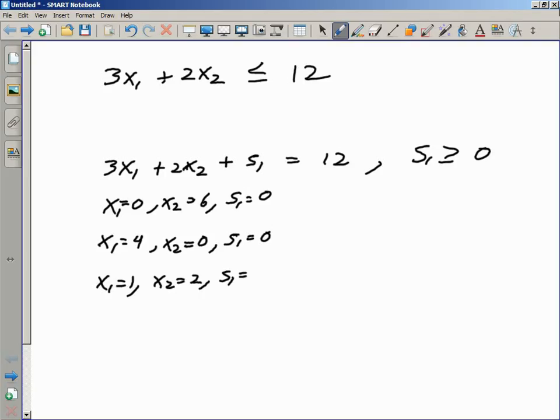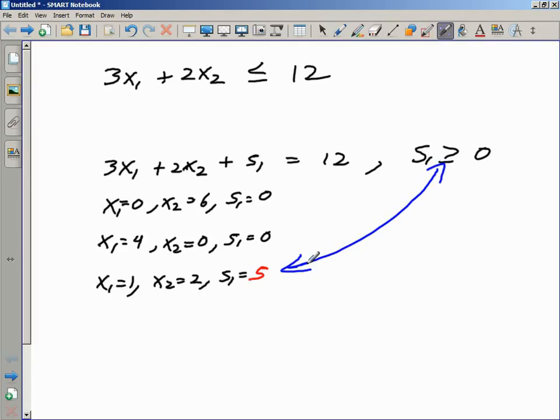It's going to be 3 plus 4, so it has to be equal to 5. Okay? So in this particular case, notice that 5 does not violate this constraint. 5 has to be greater than or equal to 0.